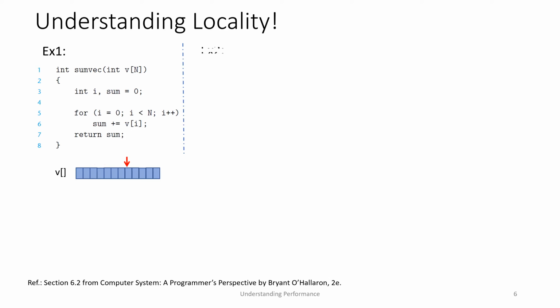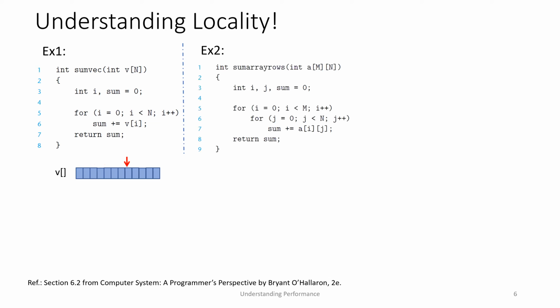Now another example. Here we are adding elements of a two-dimensional array, or let's call it a matrix, for simple understanding. So we have two loops now. There is one loop for rows and another loop for columns, and we are adding the elements of one row and all the columns first, then moving on to the second row and all the columns, then the third row, all columns.